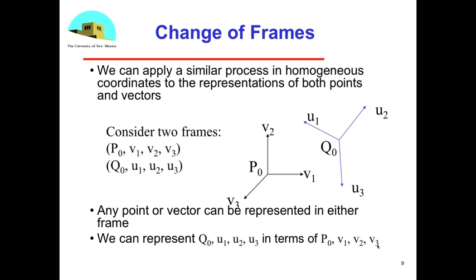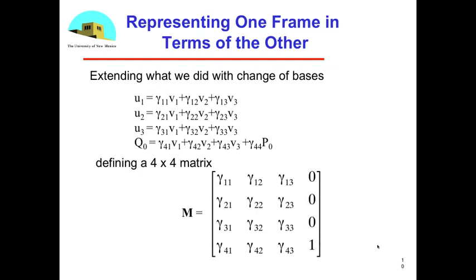Well, what happens? I can write them given the algebra that we used a couple of slides ago. I'm going to write the basis vector u1 in terms of v1, v2, and v3, just as I did a couple of slides ago, because this is only referring to the vectors, and I get 9 constants, gamma 1,1 through gamma 3,3. But I also want to know, how do you represent the new origin in terms of the old origin?